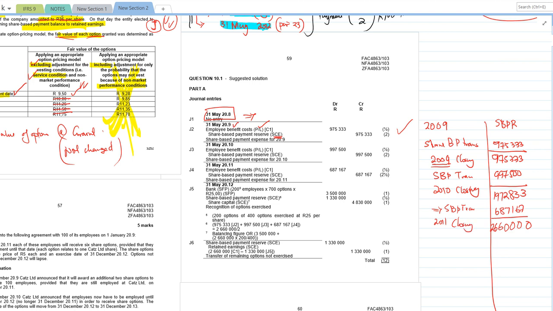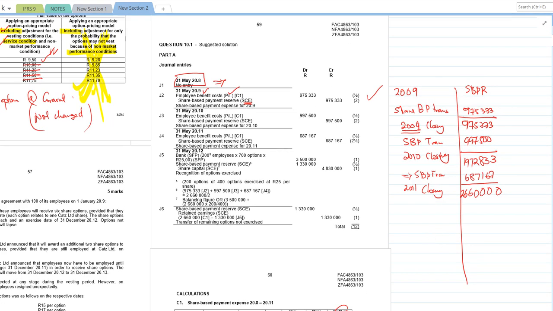Okay, then we still have it in 2011. Now, when they exercise in 2012, we are now going to say they have exercised and therefore there's a remainder. However, in 2012, we will take one balance to share capital. The other balance will be taken to retained earnings. Because what we are saying is that half of this, which is half, I think there it is, guys, 1,330,000.